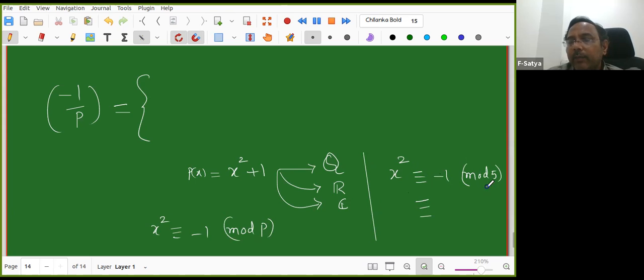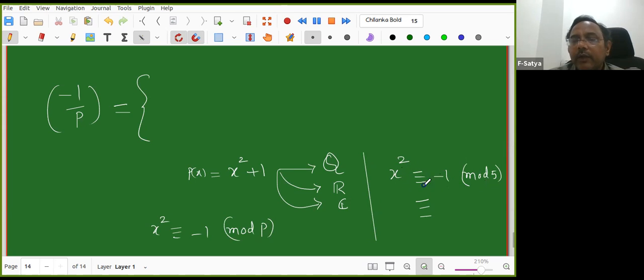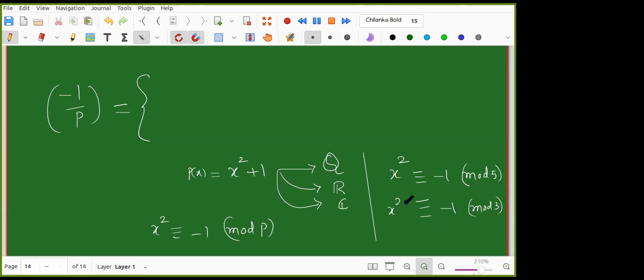Yes, x equal to 2. 2 square is congruent to -1. So there it has a solution. What about mod 3? No solution here, solution there.